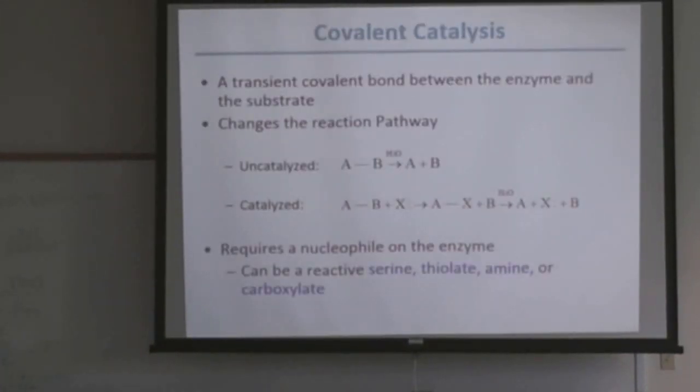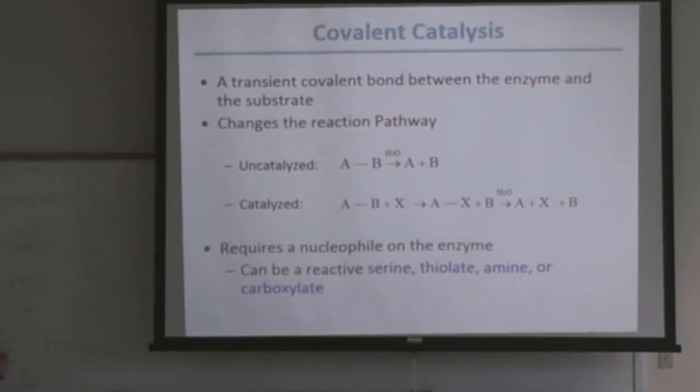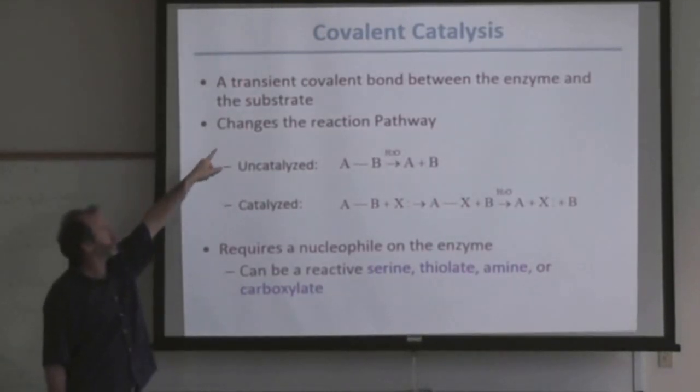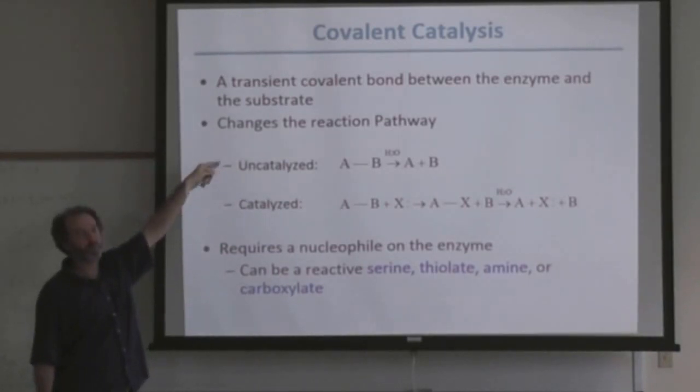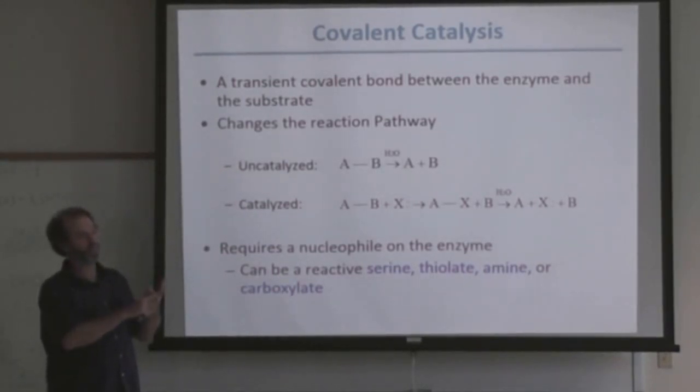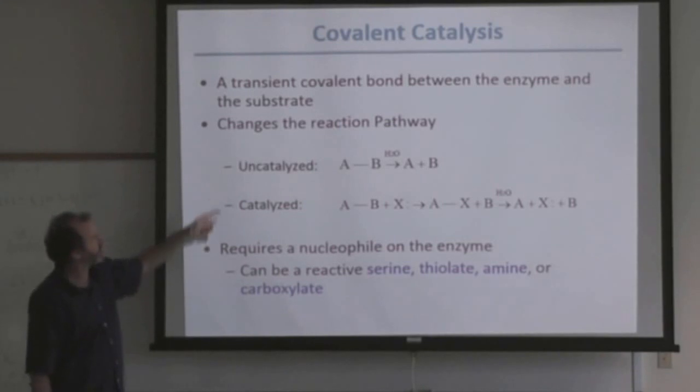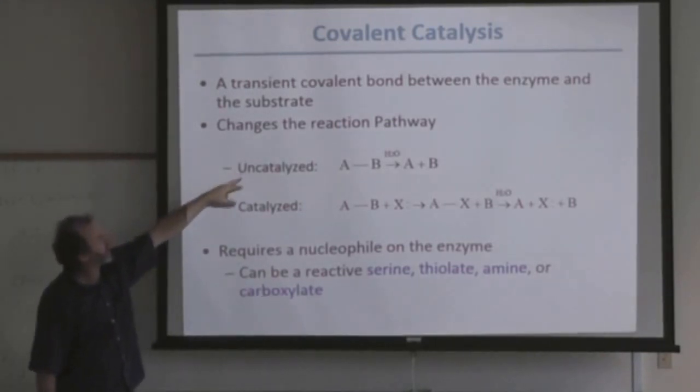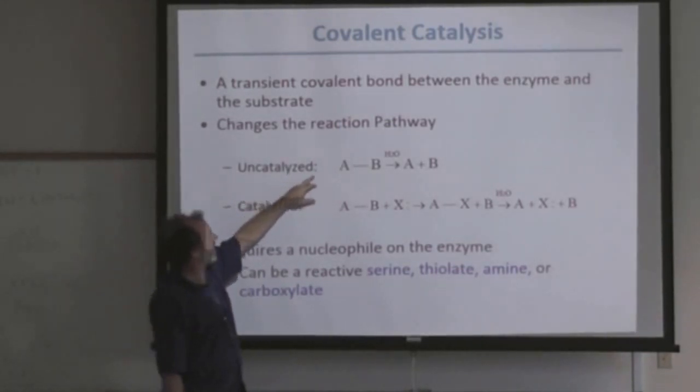So in covalent catalysis, you have a transient covalent bond between the enzyme and the substrate. We'll see with the serine proteases that it's part acid-base catalysis and part covalent catalysis. It changes the reaction pathway compared to the uncatalyzed reaction.